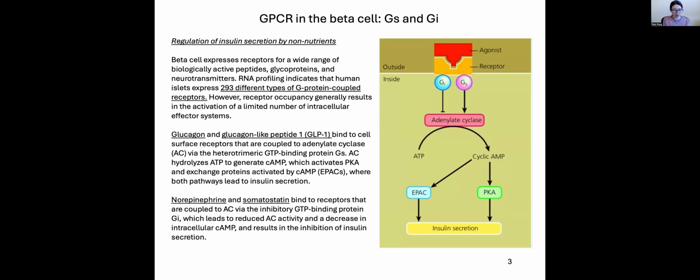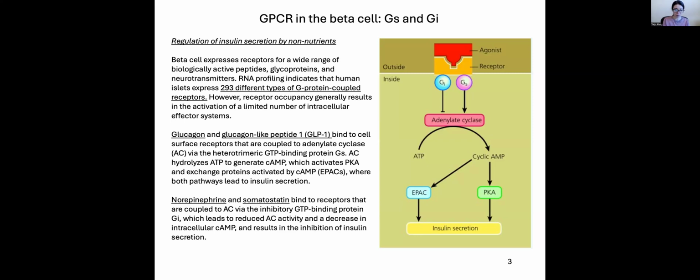In addition, norepinephrine and somatostatin can also bind to receptors that are coupled to adenylate cyclase through the inhibitory GTP binding protein GI, the inhibitory GPCR, and that will lead to a reduction of the activation of adenylate cyclase.